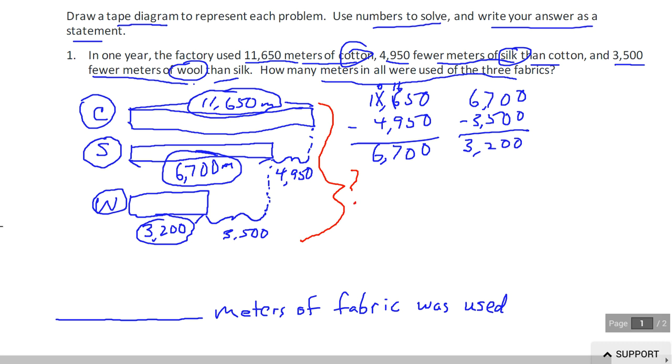So now we have to add 11,650 meters, that's the cotton, and then the silk was 6,700 meters, and then finally the wool is 3,500 meters.